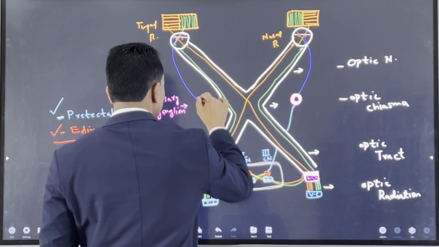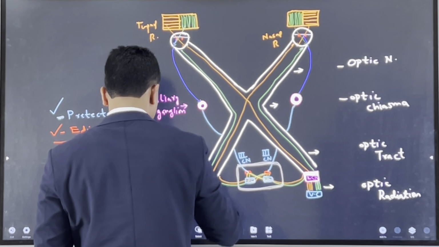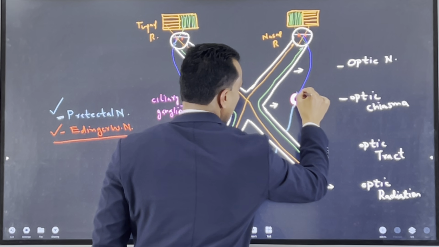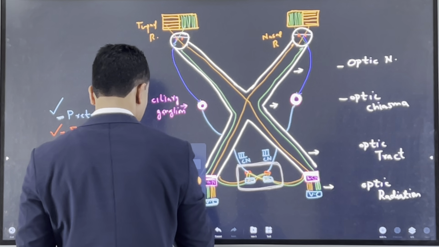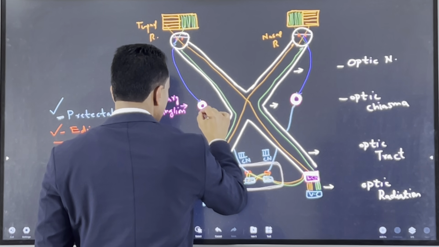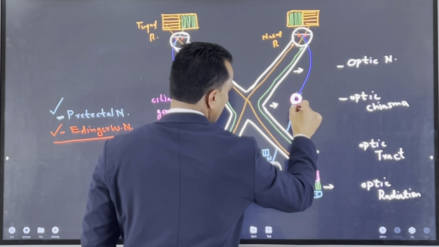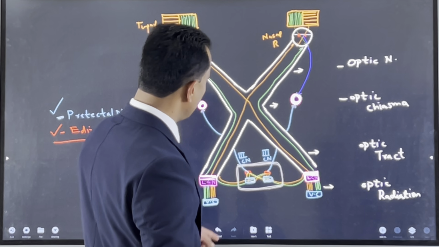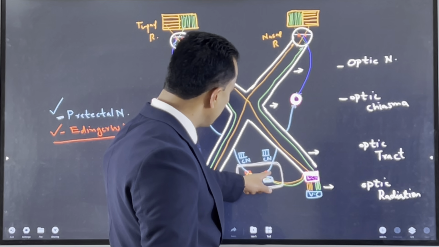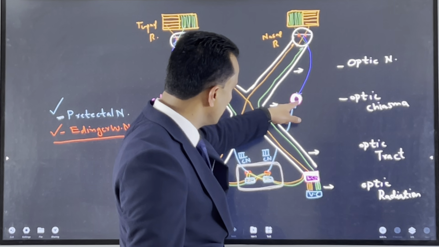So you should remember, this is the ciliary ganglion here, this is the third cranial nerve, and the third cranial nerve is originating from the parasympathetic nucleus, the Edinger-Westphal nucleus. It's innervating the ciliary ganglion.